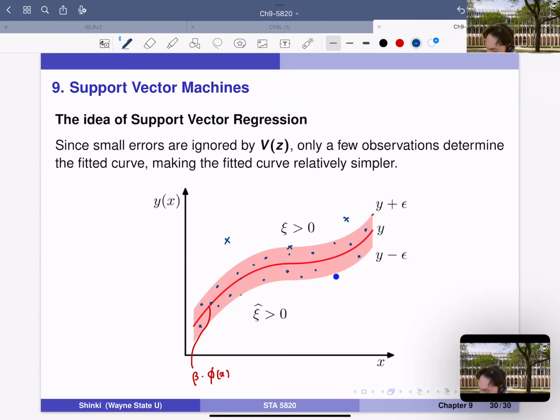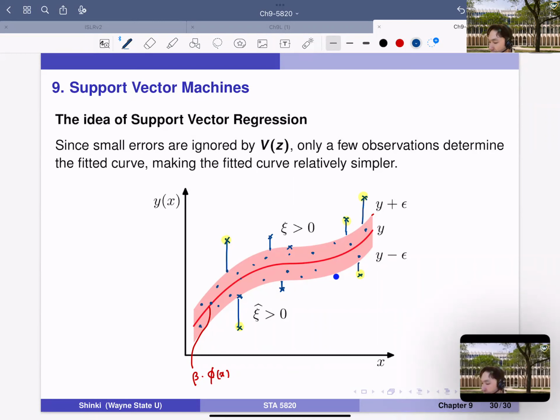But once observations are above this tube, these affect the error size. So we consider the distance between these points and the tube. The distance inside the tube does not really matter, but these distances outside matter for the objective function.